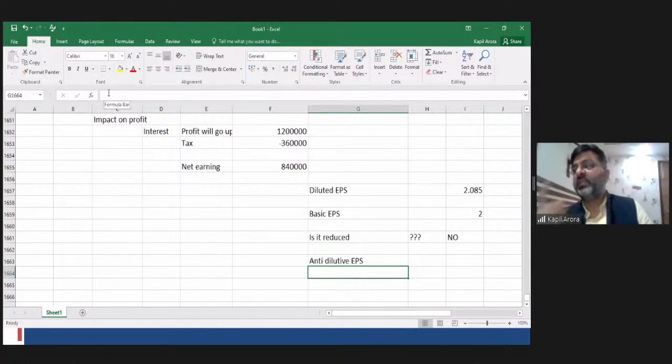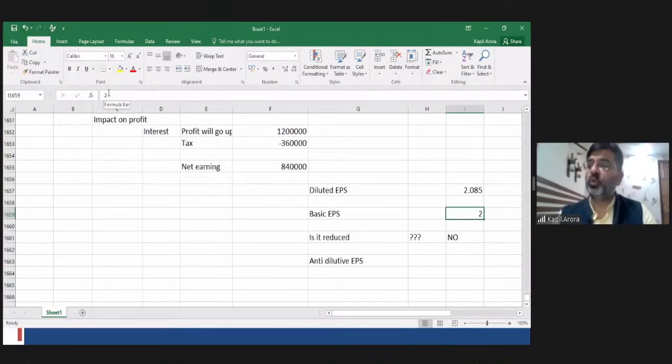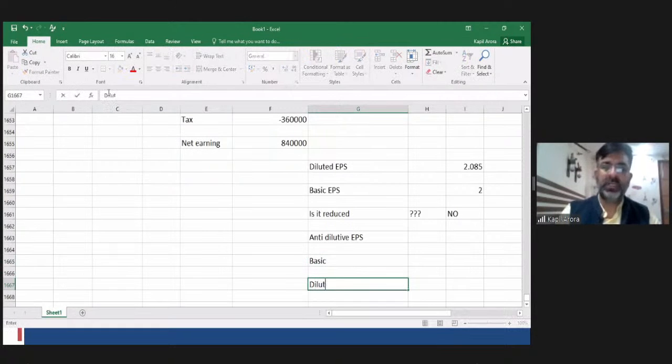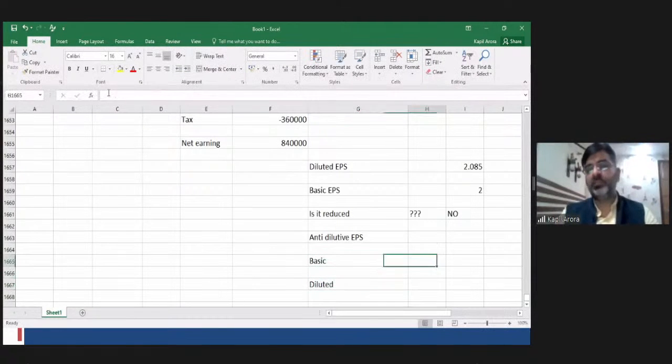Instead of diluted EPS, it will be called anti-dilutive EPS, and my EPS would be 2, and basic EPS would also be considered 2. So in this case, when it becomes anti-dilutive, my basic and diluted EPS both would be considered the same.